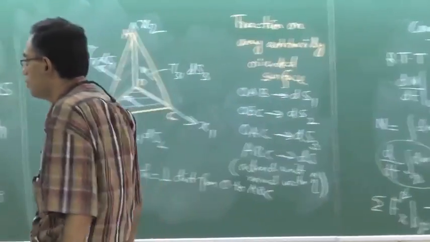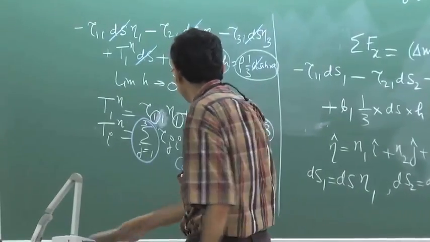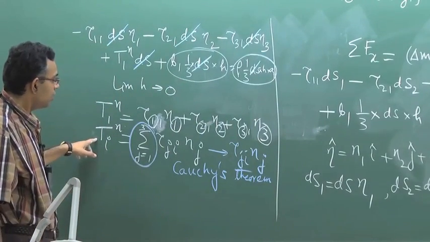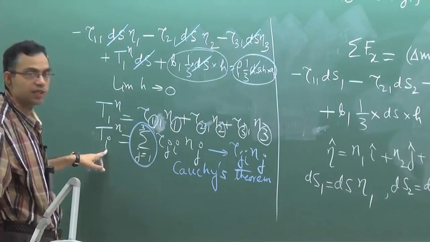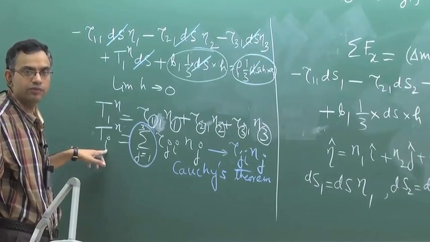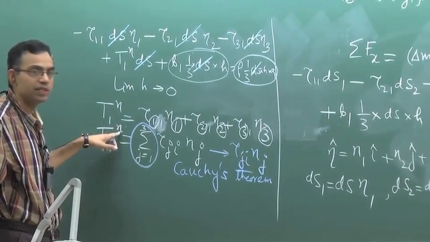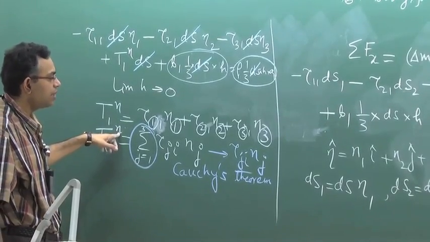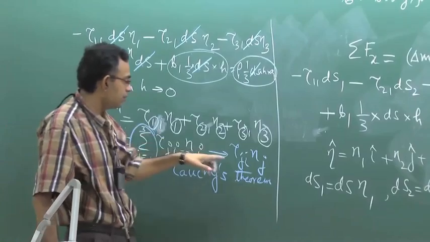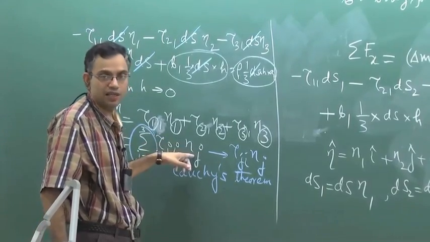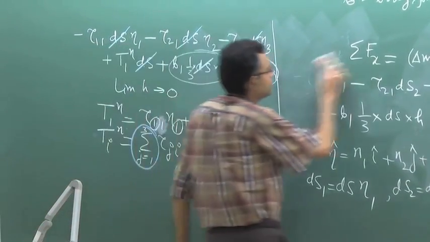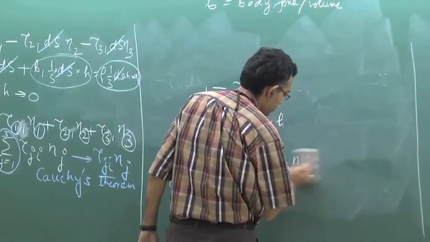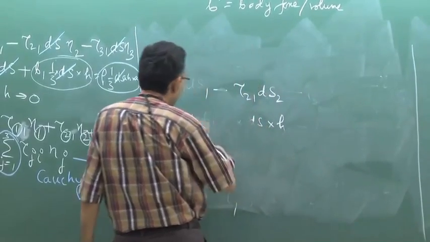So, we will write the corresponding expression, which is already written here: T with subscript i, the direction of action of the force, and superscript eta, the direction normal of the arbitrarily oriented surface, equals the summation of tau j i eta j. We will be writing that now in a matrix form.